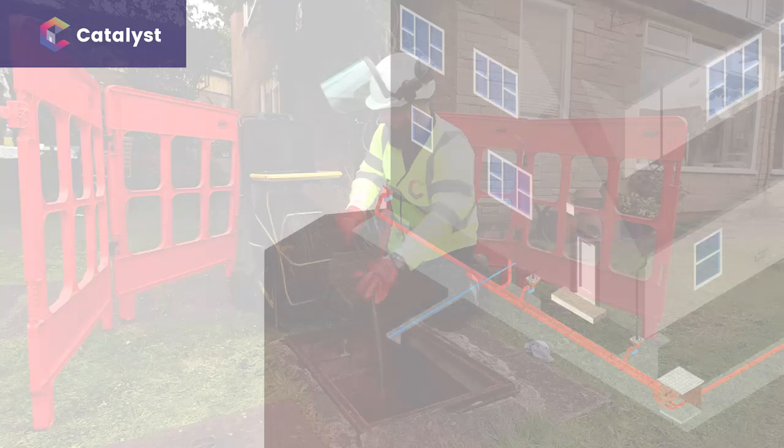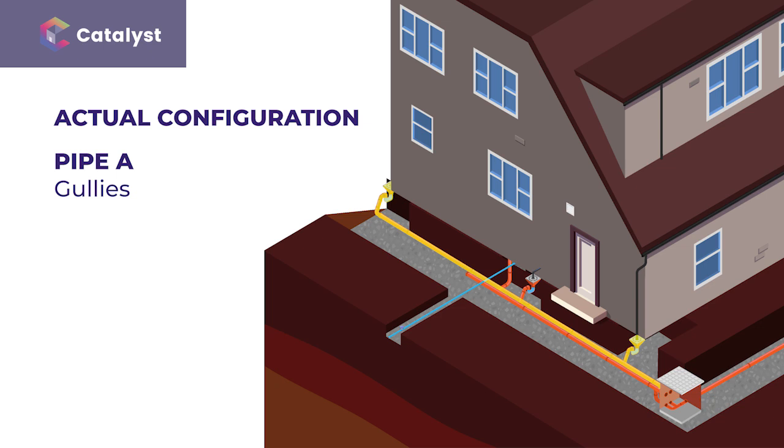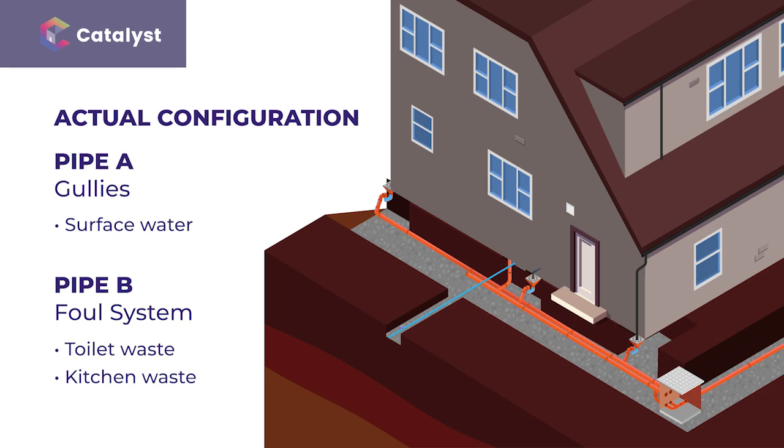It was found the pipe connections were actually quite unconventional. Unusually, the two surface water gullies were connected to one service pipe, while the foul system for the toilets and kitchen waste were connected to a separate pipe, with both independently entering the same chamber. Without carrying out a drain survey, this unusual configuration would not have been easily identified.